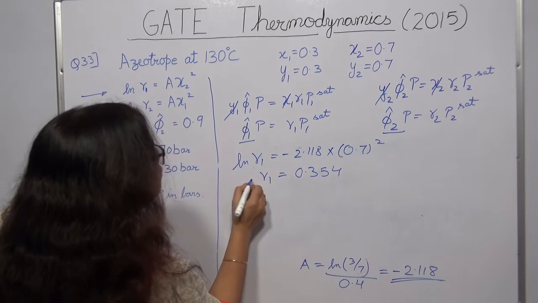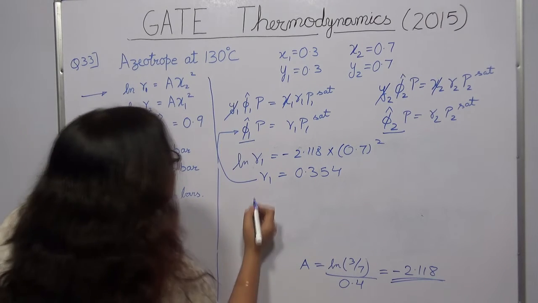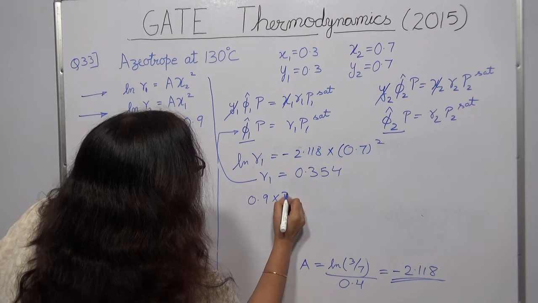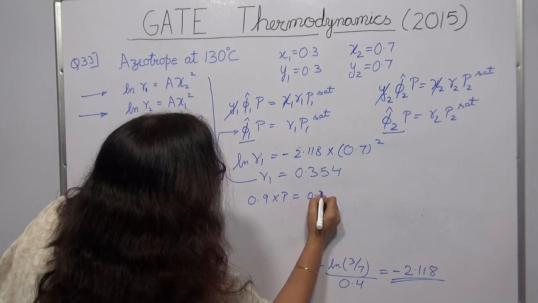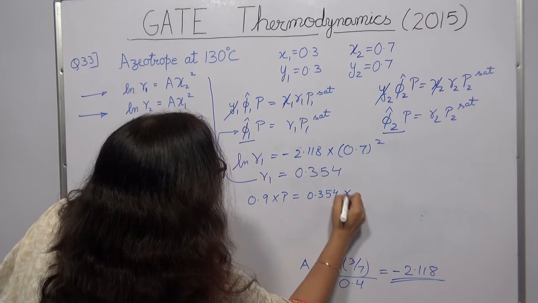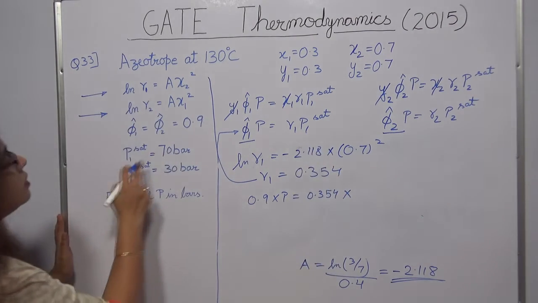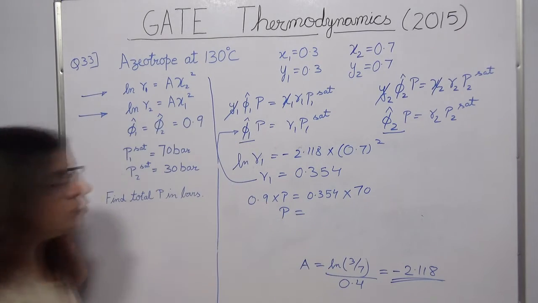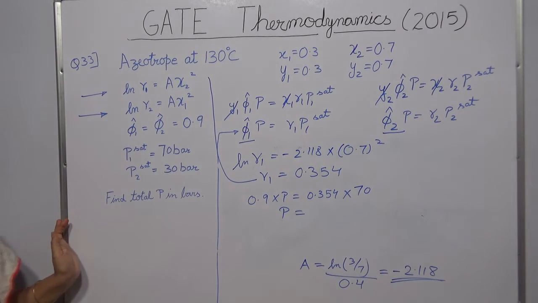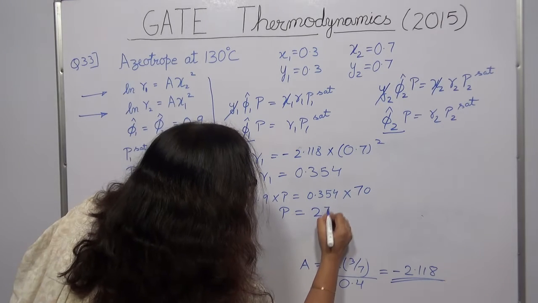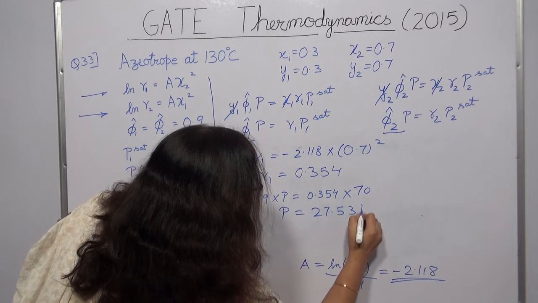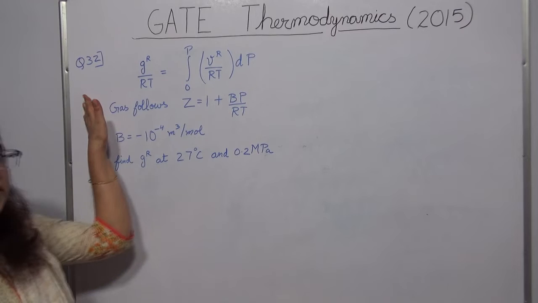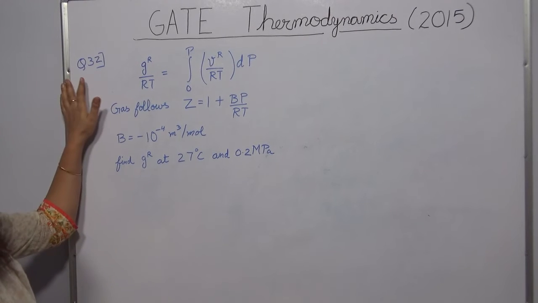If I put this value of gamma 1 in this equation, what I get is that 0.9 times p is equal to 0.354 times what is P1 saturation? 70 bar. So from this I get my value of pressure as 27.53 bars, which is the answer. Okay, so let's move on to the second problem.